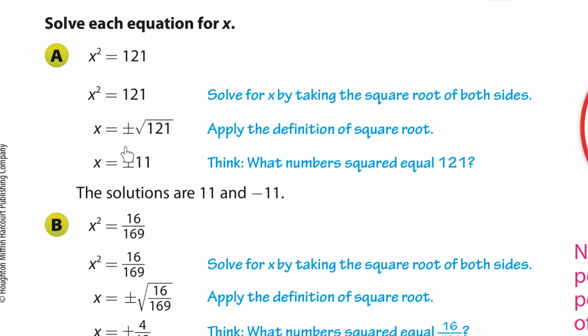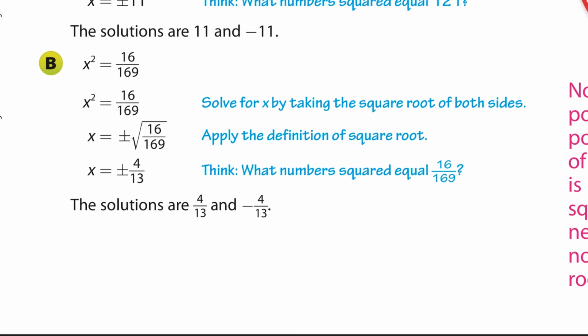They write this as plus or minus 11. That means you could have the positive or the negative version of that. To take care of this one here, x squared, the square root of 16 is 4, and the square root of 169 is 13. And it could be the positive or the negative version of it.